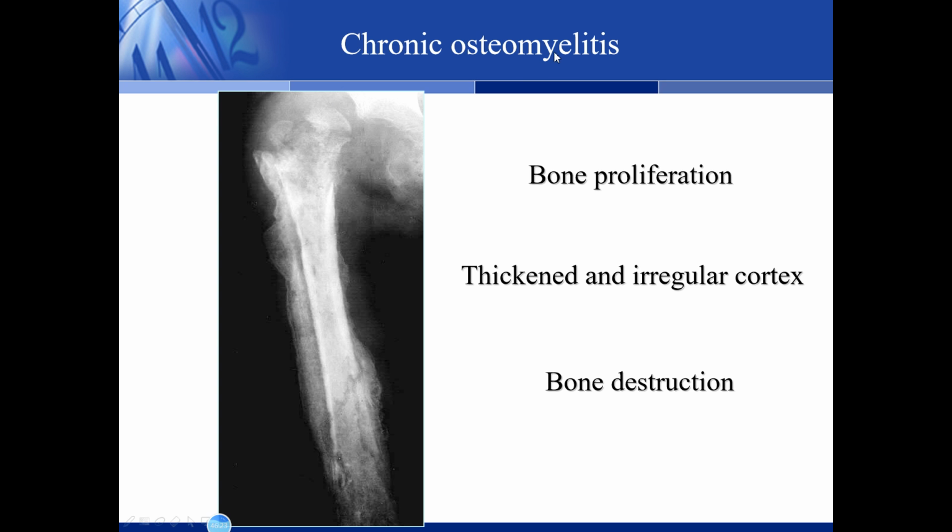Here is the bone proliferation, and here is the bone destruction, and a thickened and irregular cortex. So we call it chronic osteomyelitis.